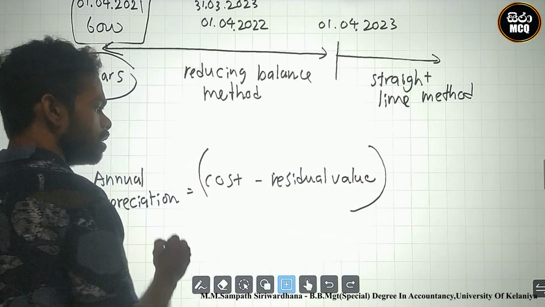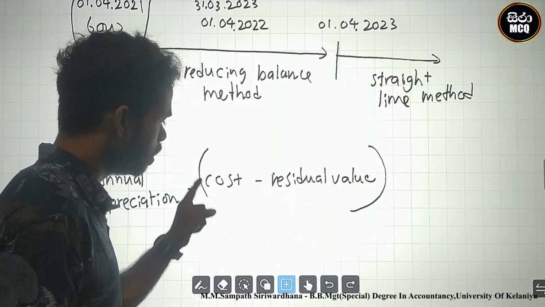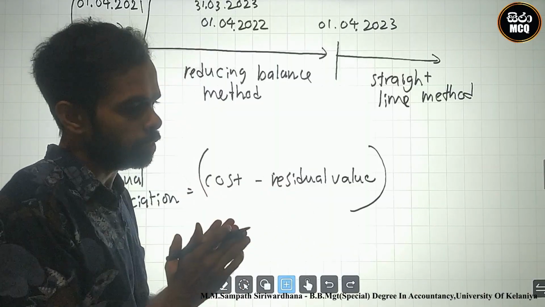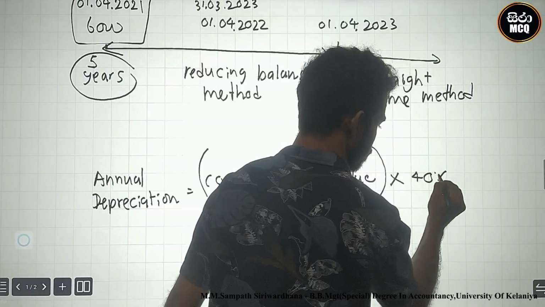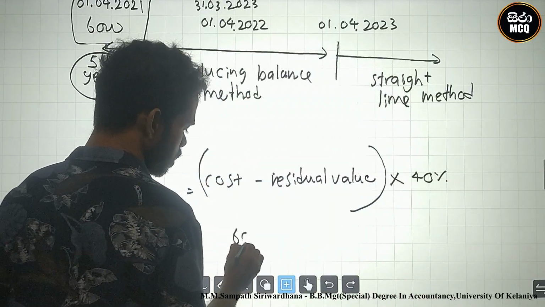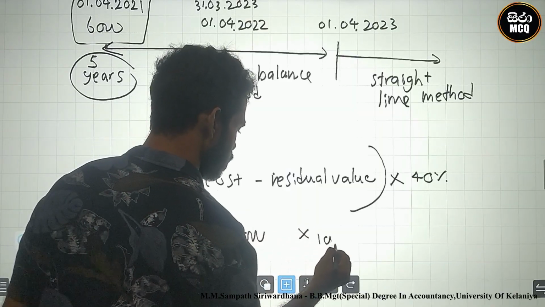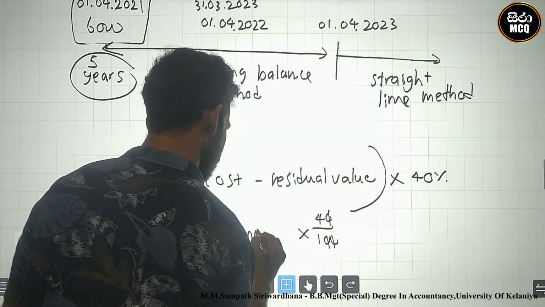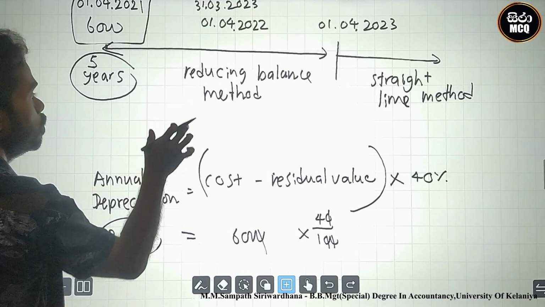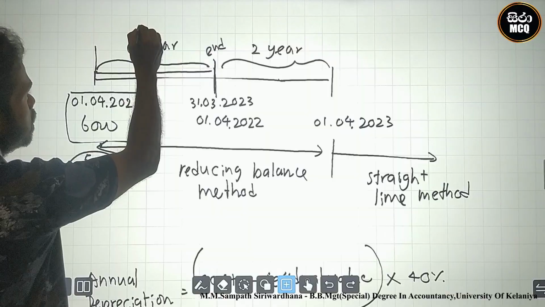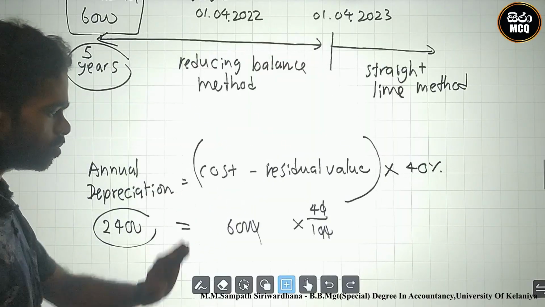Using this formula we find the depreciable value, and after that we multiply by the percentage. The percentage is 40%. The cost is 6,000 and there is no residual value, therefore I use 6,000 multiplied by 40%. We can identify 2,400 annual depreciation for year one.